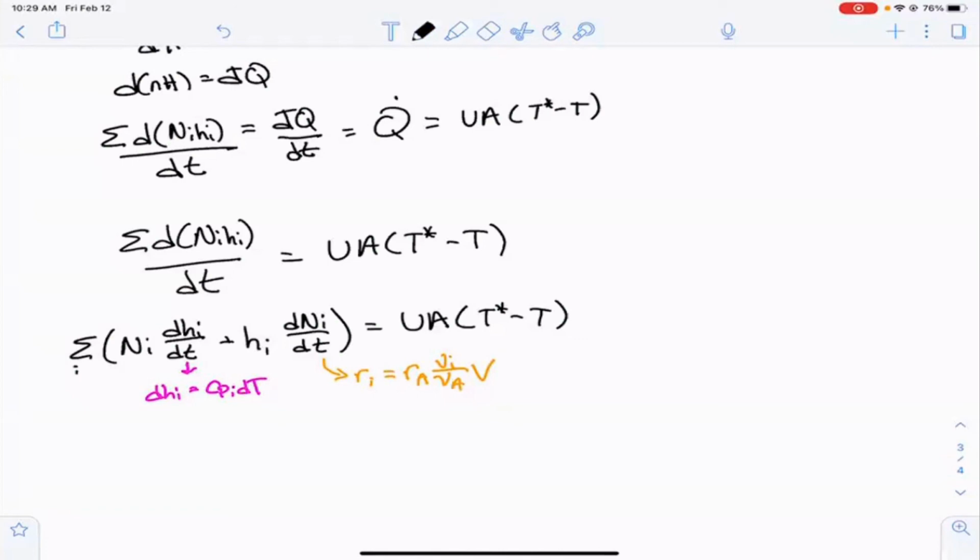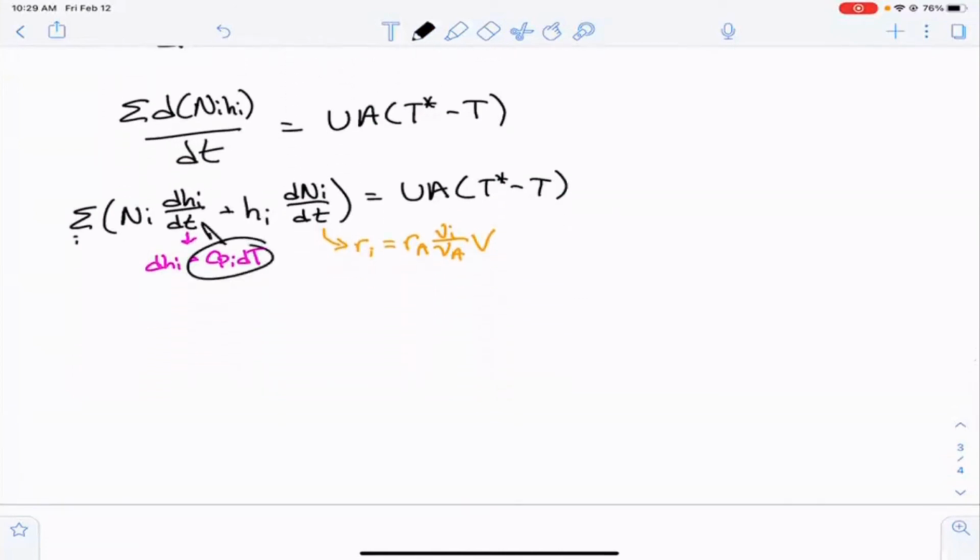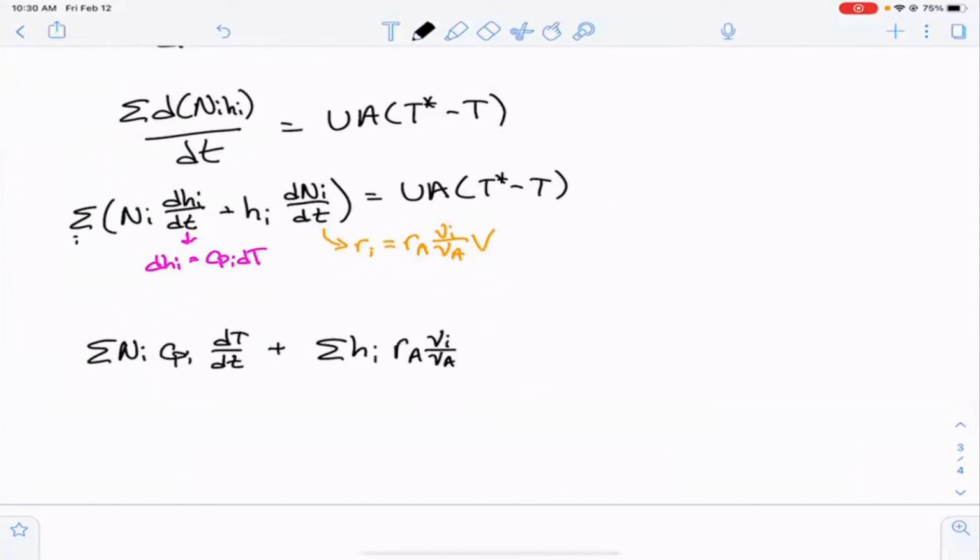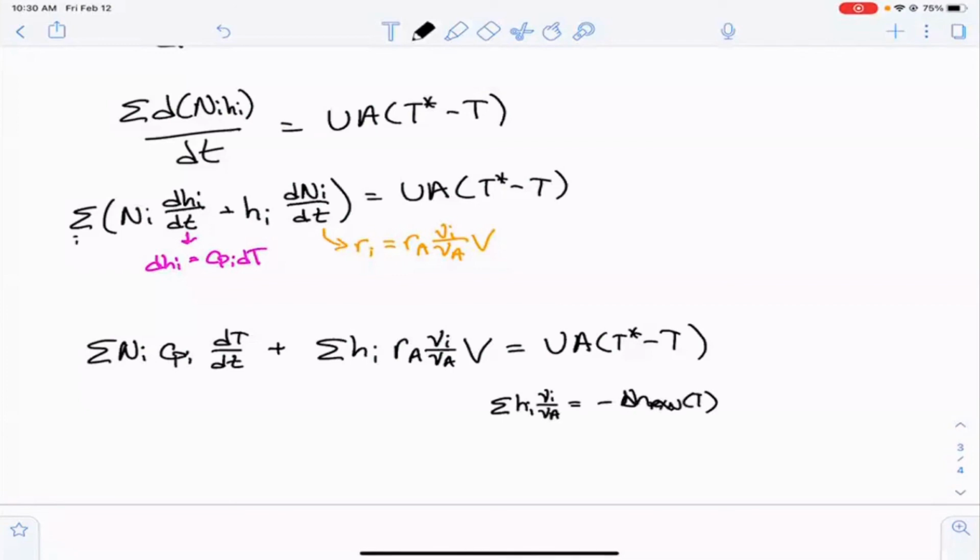reactions. So for now, though, let's make this substitution. So we'll put this one into here, and we'll put this one into here, just like we have one reaction. And if we do that, this just becomes the sum of Ni CPi times dT/dt plus the sum of Hi times Ra times the ratio of the stoichiometric coefficients times the volume equals UA times T star minus T. Well, again, we're going to use this fact that the sum of Hi times the ratio of the stoichiometric coefficients just equals minus delta H of reaction at our temperature of interest.